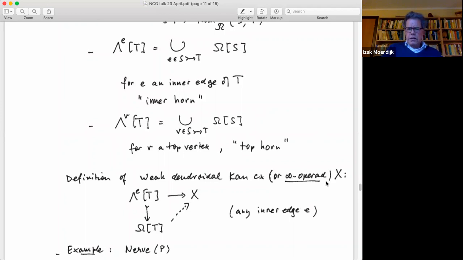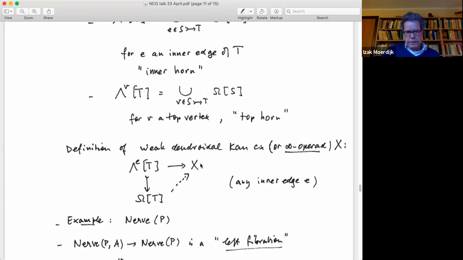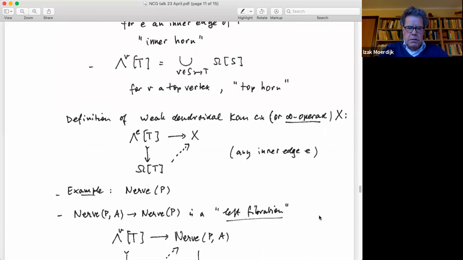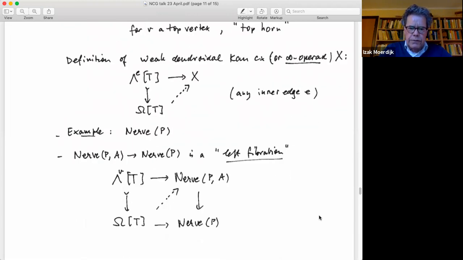So then one can define an infinity operad to be a dendroidal set X which has this extension property. And you can check for yourself that the nerve of an operad will always have this property. And if you look at this map, the nerve, remember the nerve of an operad where you also label the edges by elements of the algebra, it has more structure, so there's an obvious projection there, and it also has a specific property.